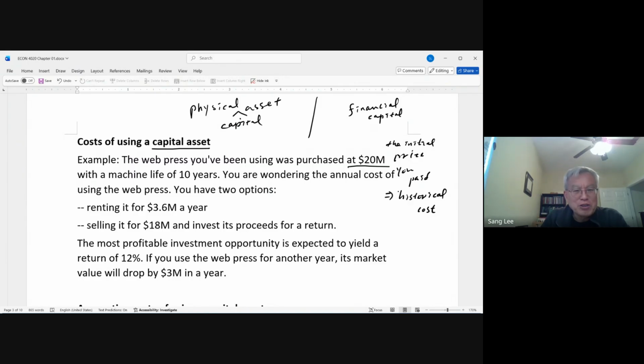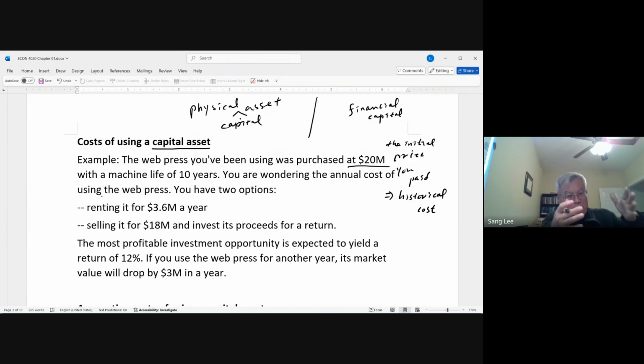Next, machine life of 10 years. Do we really know how long this web press machine will last? Of course not. It depends on how you do the maintenance work, or depending on who is using the web press machine, its machine life will vary.